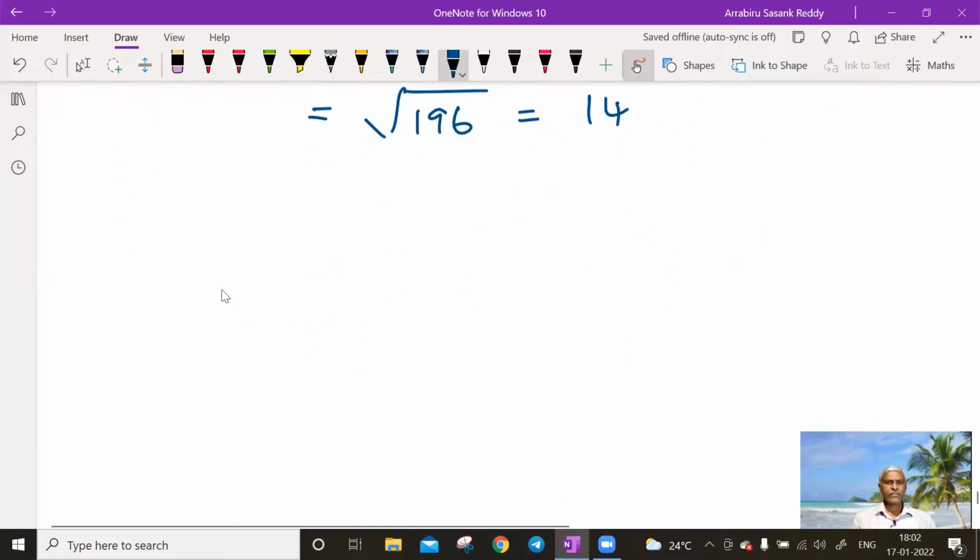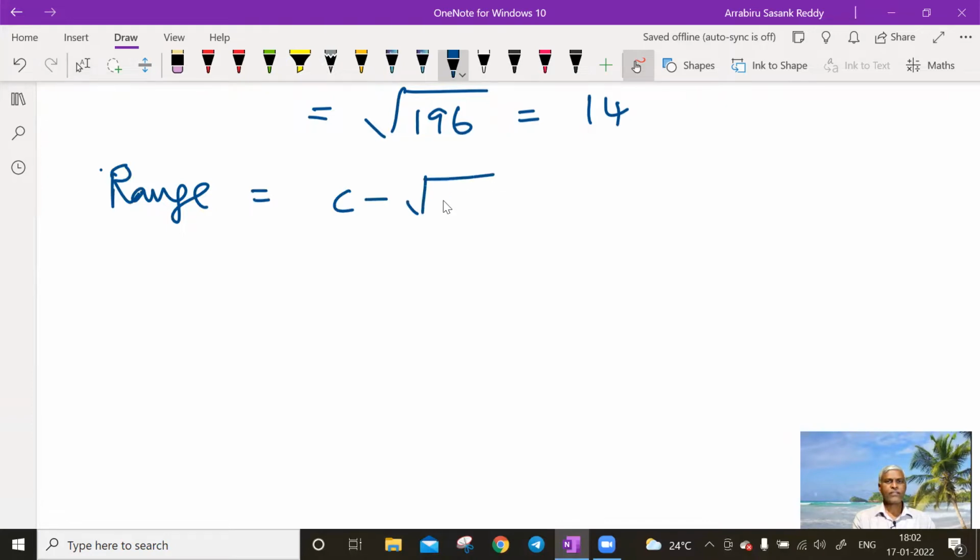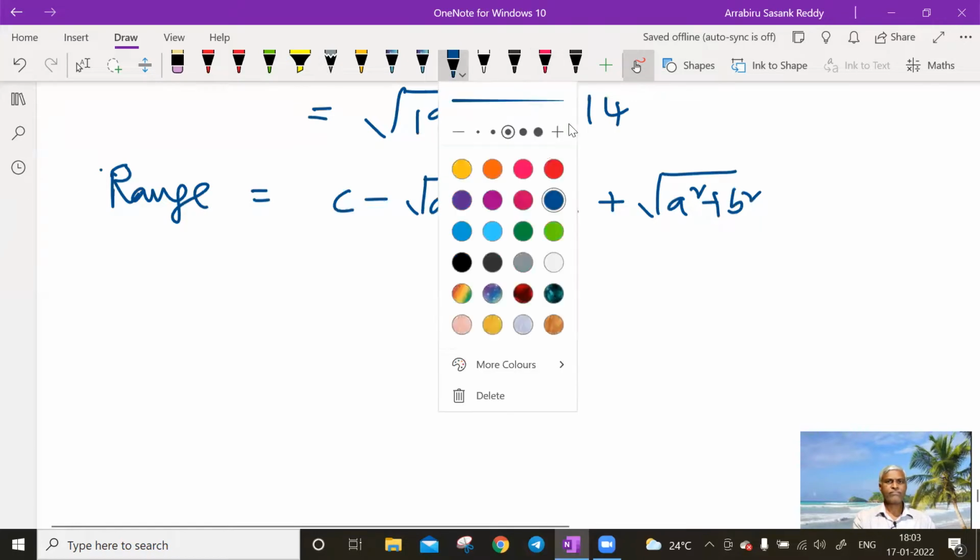Now the range is equal to c minus under root a square plus b square to c plus under root a square plus b square. So this is the range.